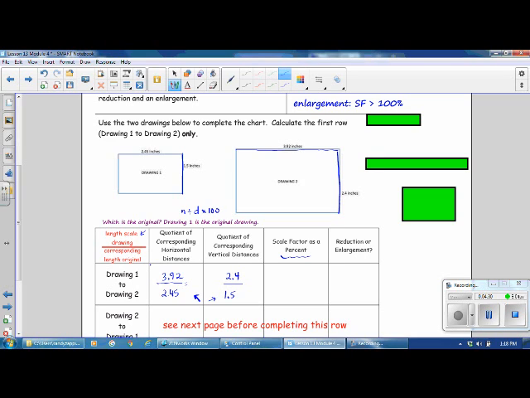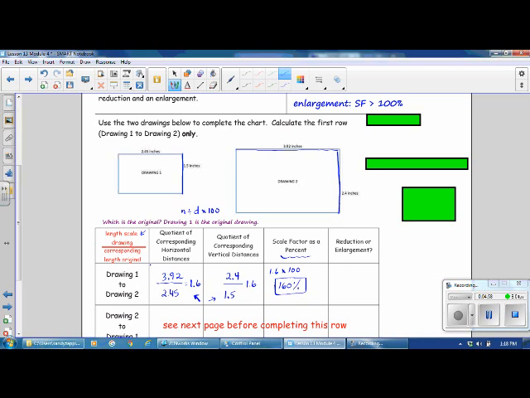So 3.92 divided by 2.45 is 1.6. And 2.4 divided by 1.5 is 1.6. And that's as a decimal. So we want to convert that to a percent, and that is 1.6 times 100, and that gives us 160%.